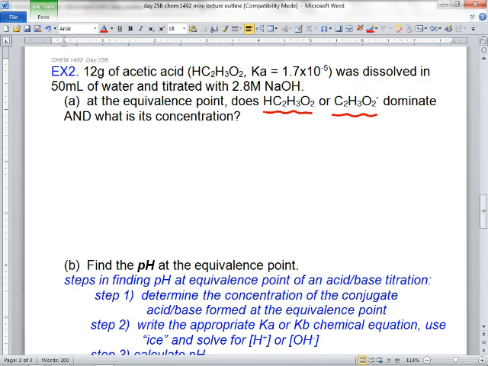The acetate. Right, because you're titrating with NaOH, and you start with acetic acid too, so you know it's all going to be gone. Exactly right. And what is its concentration?